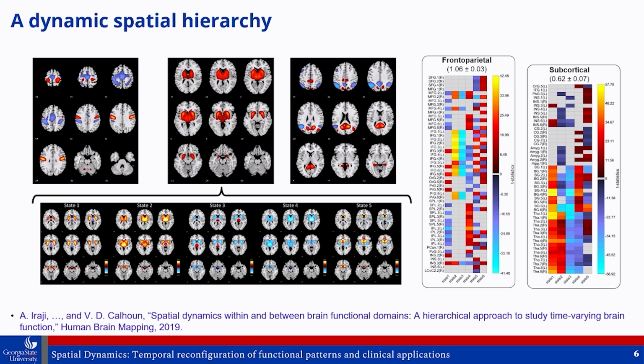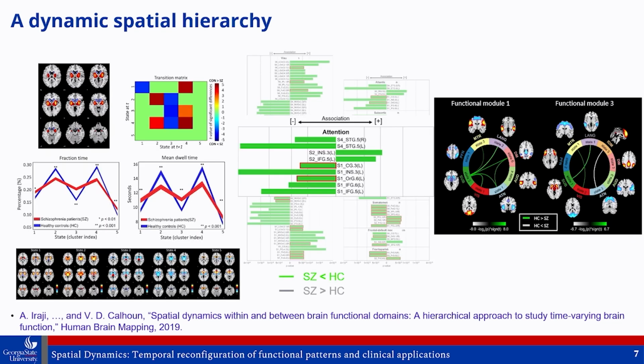The variability index, which quantifies overall spatial variability, suggests that the frontal parietal network and other networks that are involved in higher-level tasks have a higher spatial variation compared, for example, to subcortical, which in this study shows the least spatial variation. And we can use these to study, for example, schizophrenia.